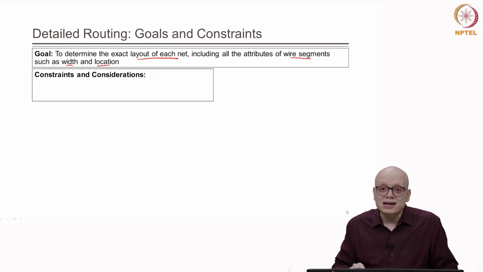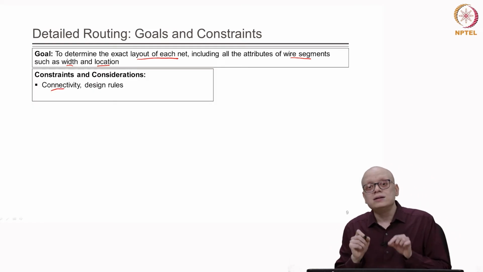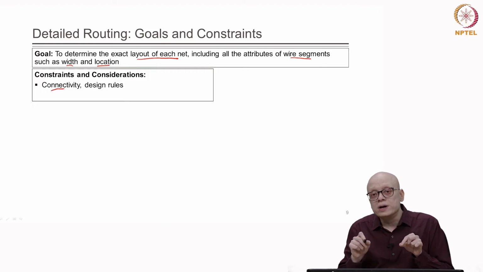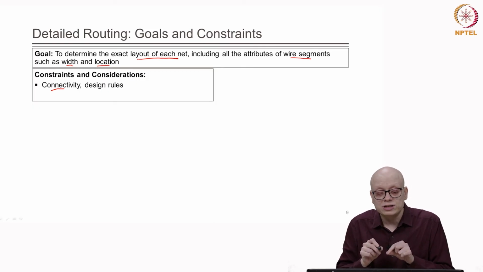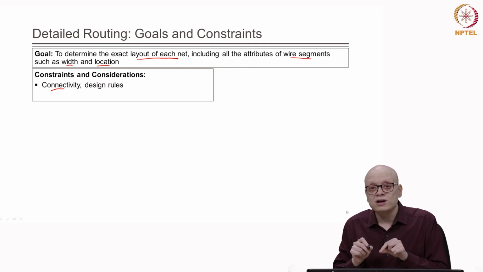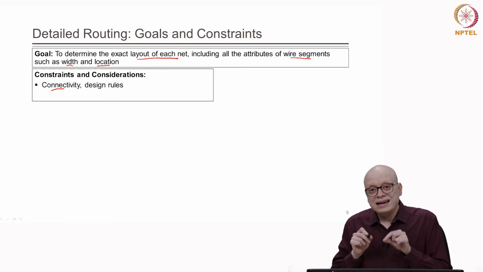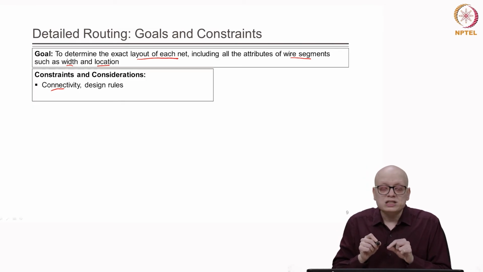And what constraints must detailed routing consider? First of all, of course, the connectivity that is defined in the net list, that must be honored. There shouldn't be any extra open net or any short circuit net, right. So, the connectivity should be exactly the same as in our given design, as in our given net list, right. And then the design rules also must be considered.